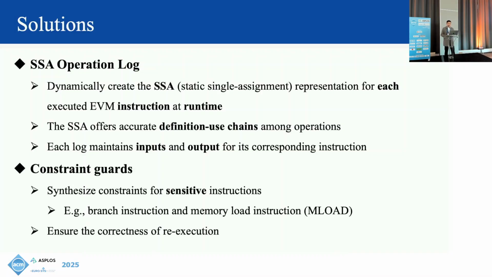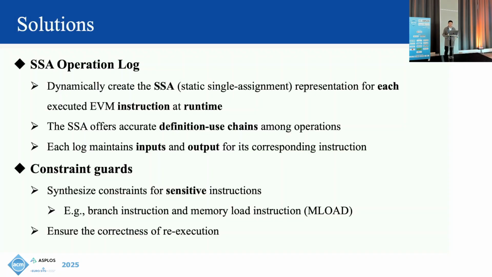Second, we introduce constraint guides. These constraints are synthesized during the initial execution to enforce that sensitive conditions remain consistent with the original execution, such as branch targets and conditions, memory and storage addresses, and the gas costs of the re-executed instructions.